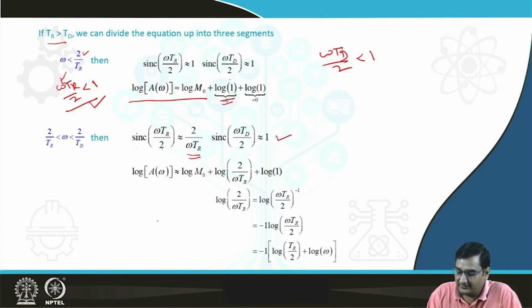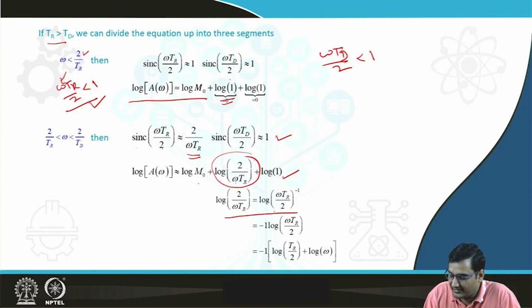So in that case, log of A(omega) will be log of M naught plus log of 2 by omega TR plus log of 1. And this log of 2 by omega TR can be written as log of (omega TR by 2) to the power of inverse, and this inverse will go in the front, so it will be minus 1 times log of omega TR by 2, and then finally you can write it like this.